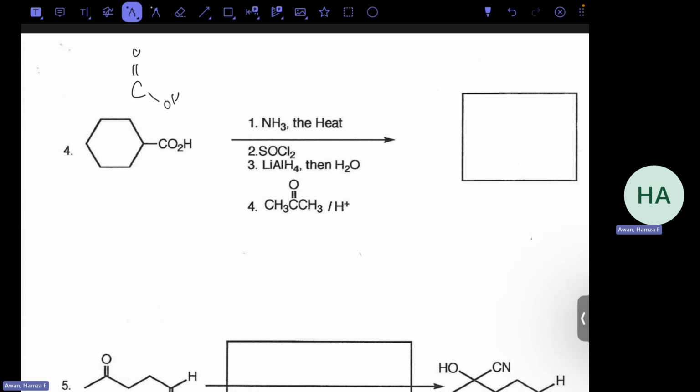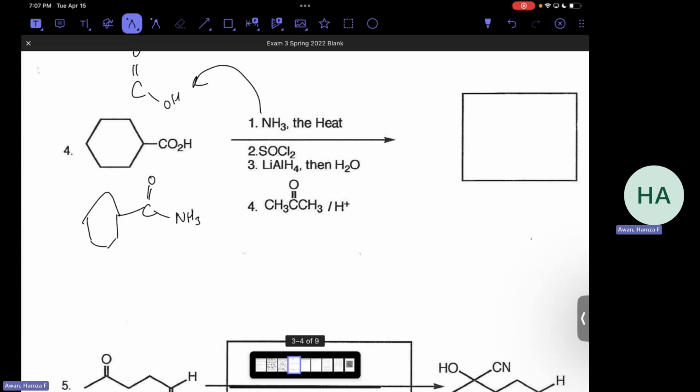So essentially, it's kind of like Fischer esterification. It's just that instead of creating an ester, you're going to create an amide. So same thing happens. First step, out of benzene, we're going to have our C double bond O and then our NH2.